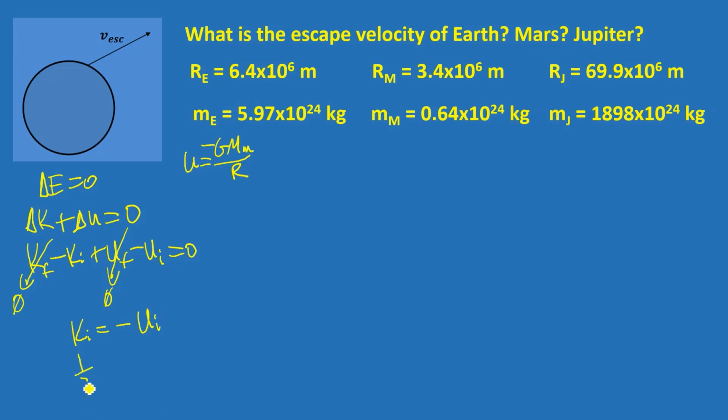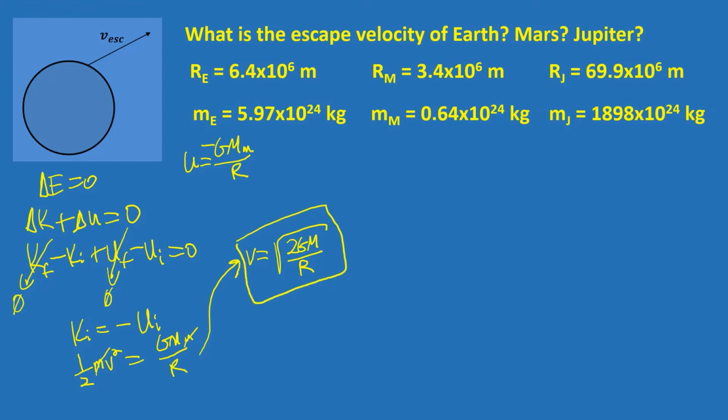And so I've got 1/2 m v squared equal to G big M little m over R. And so what does that come out to be? My velocity will be equal to the radical, because my little m's will cancel out, of 2 times big G big M divided by the radius. And so we can use this formula. So this is my escape velocity, which I derived for you again, to do each of these.